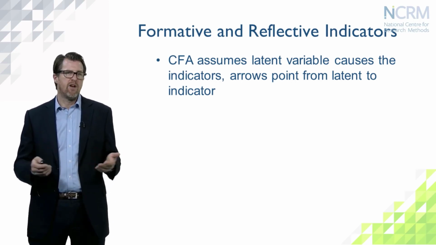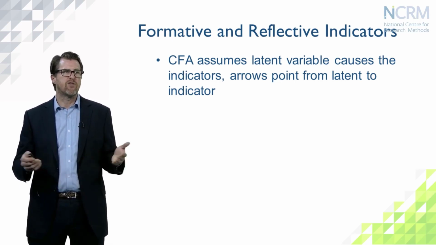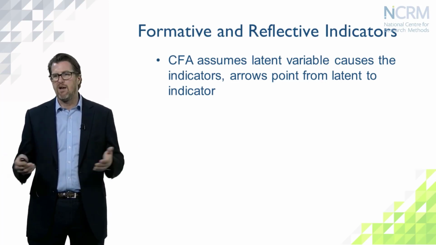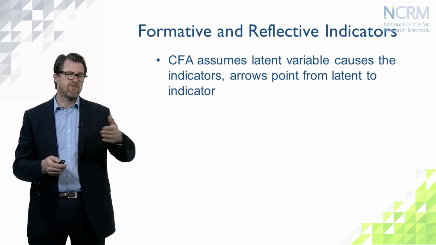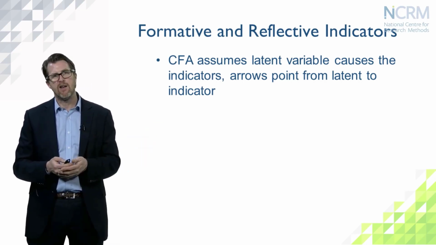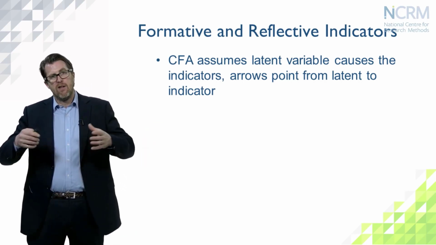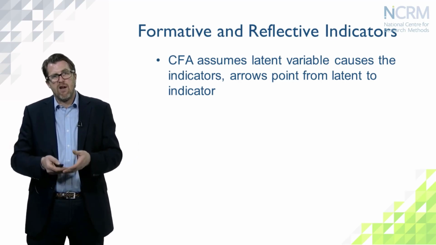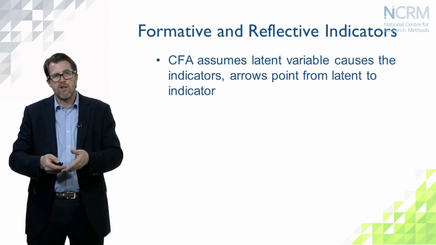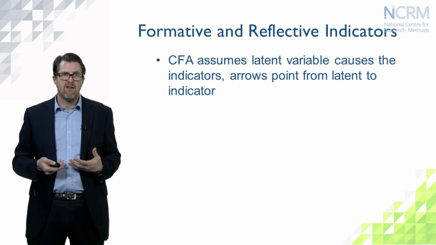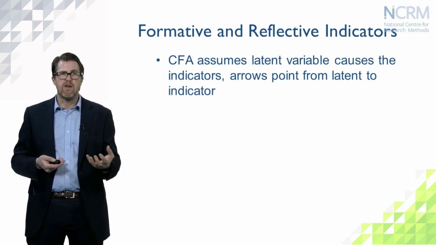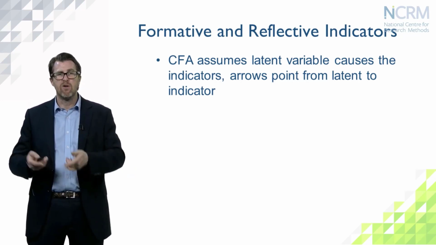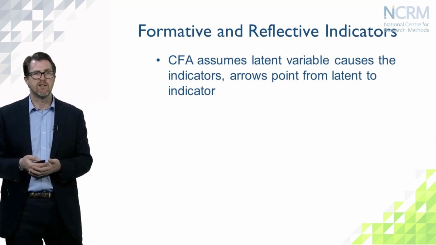We can think of that as meaning, if we're trying to measure, let's say, someone's social capital, and we've asked lots of questions in a questionnaire, that what's actually causing their answers to those questions is their underlying level of social capital. So the causal arrow points from the latent variable to the observed indicators.